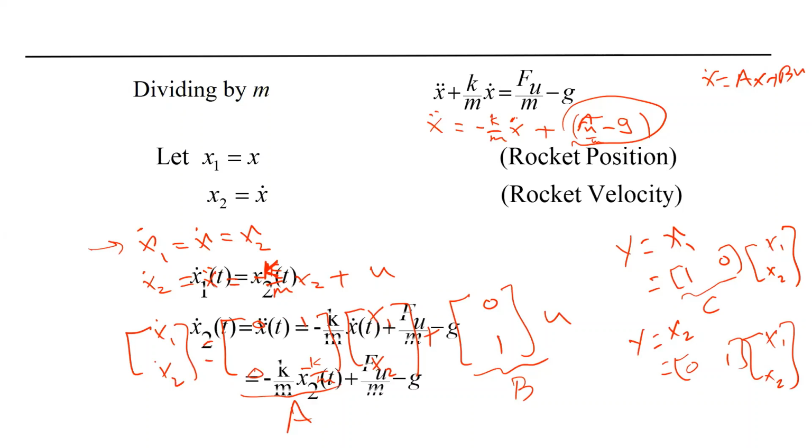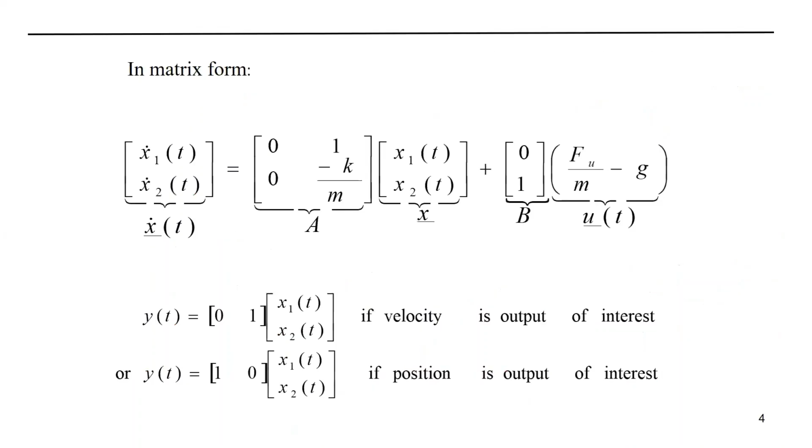This is how we can model a mechanical system by state space representation. Again, the starting point is your differential equation. In the case of the electric circuit, you can do it either way, but usually differential equation and then convert, or from the beginning you assign your state variables.